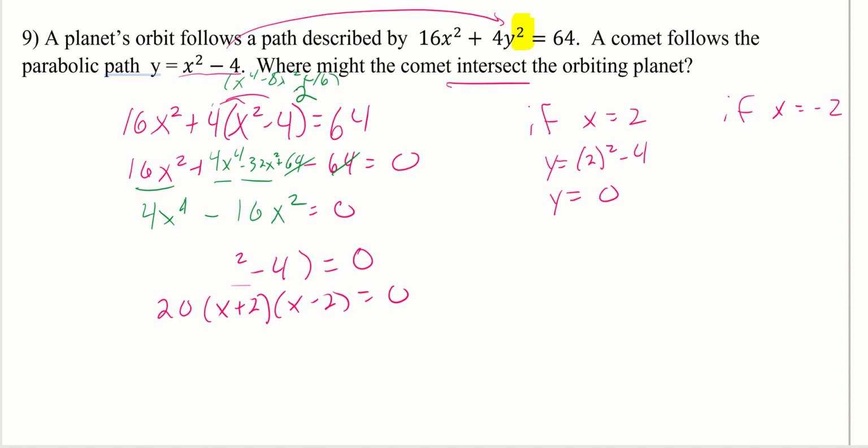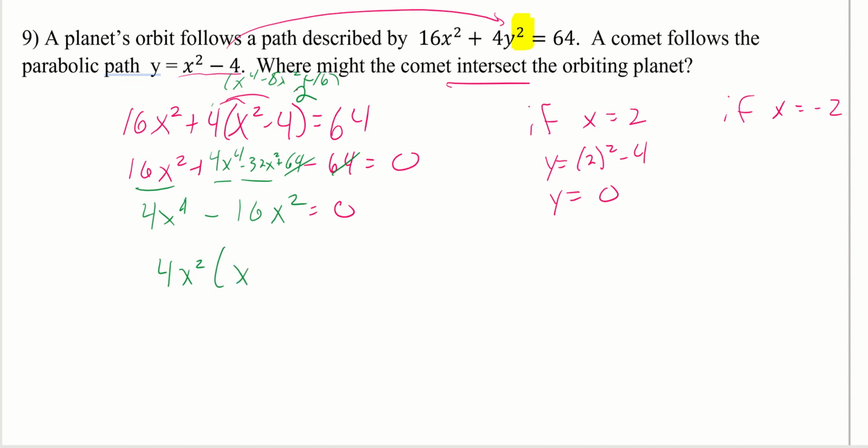Okay, and so I'm going to do the same process, take out a GCF, which is going to give me 4x squared, and then inside here I get x squared minus 4, which, believe it or not, gives me very similar results, but the only thing I forgot is x is equal to 0, and then x is equal to plus or minus 2.